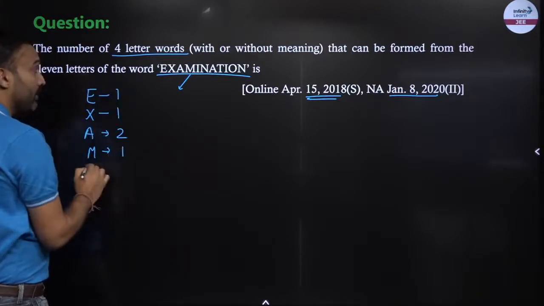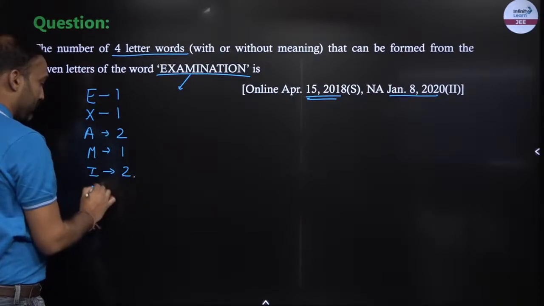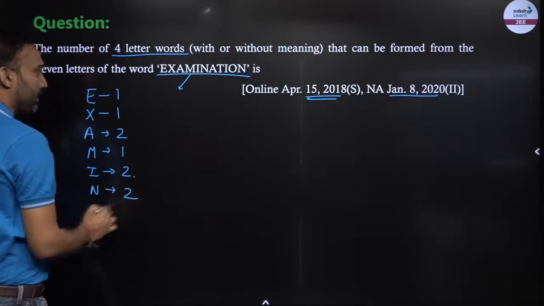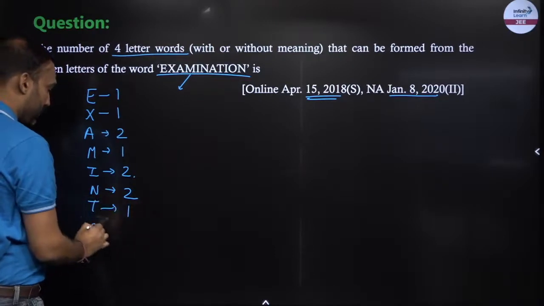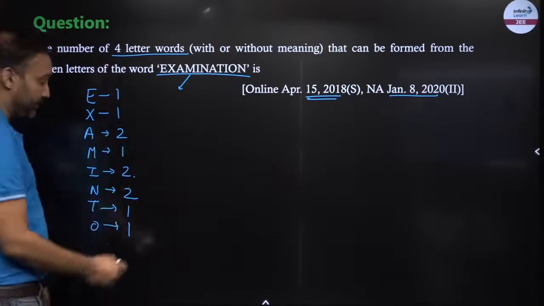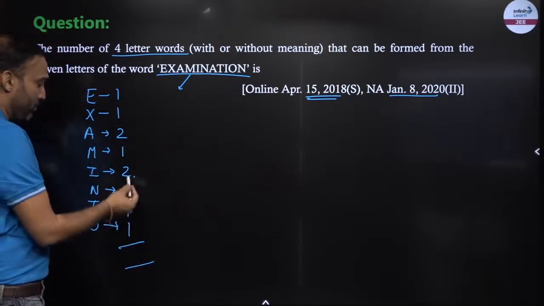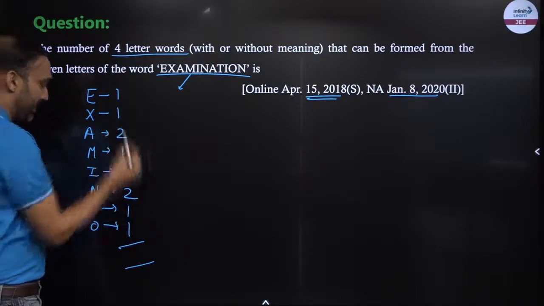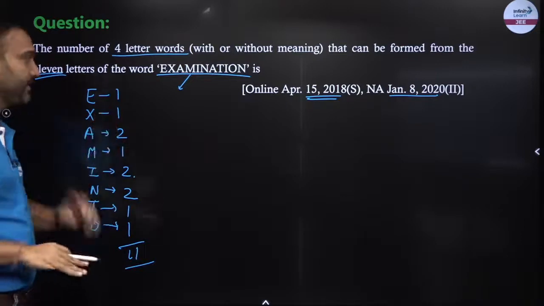I is 2. N is again 2. A already has been taken care of. T is 1 and O is 1. Always make a habit of counting all the numbers so that we make sure we have not missed anything. Now 2, 4, 6, 8, 10, 11. And there are 11 letters. So I know I have not missed anything.